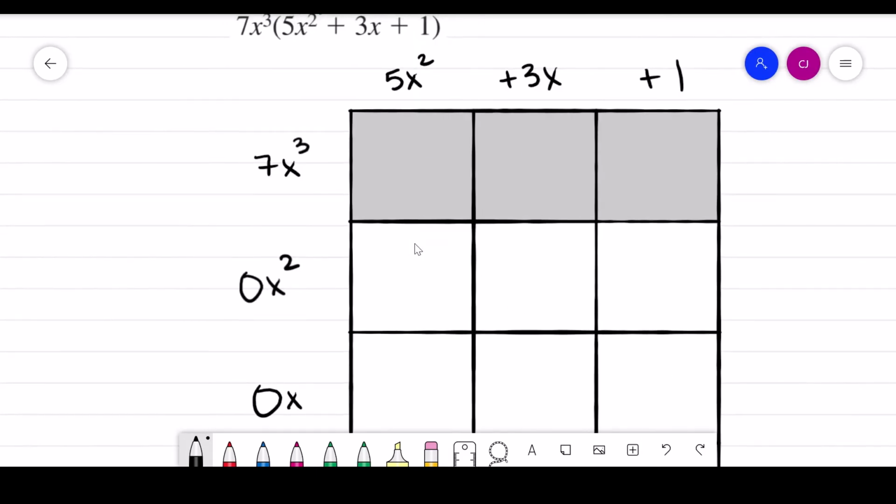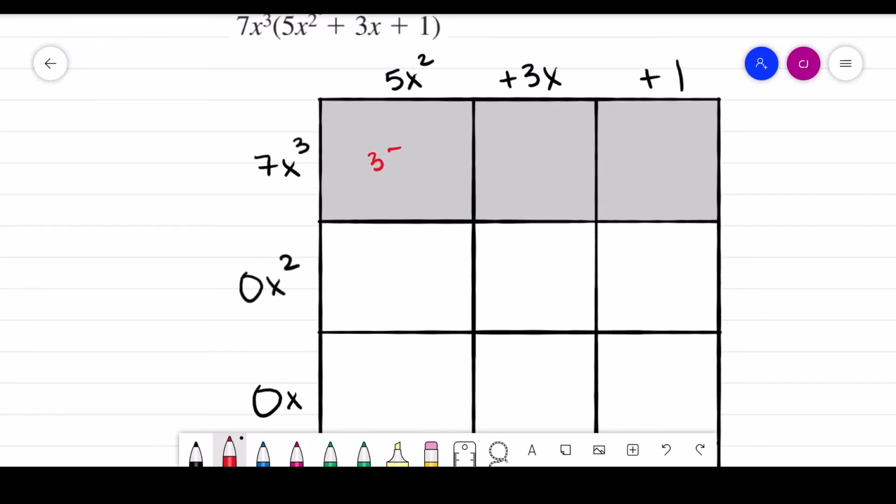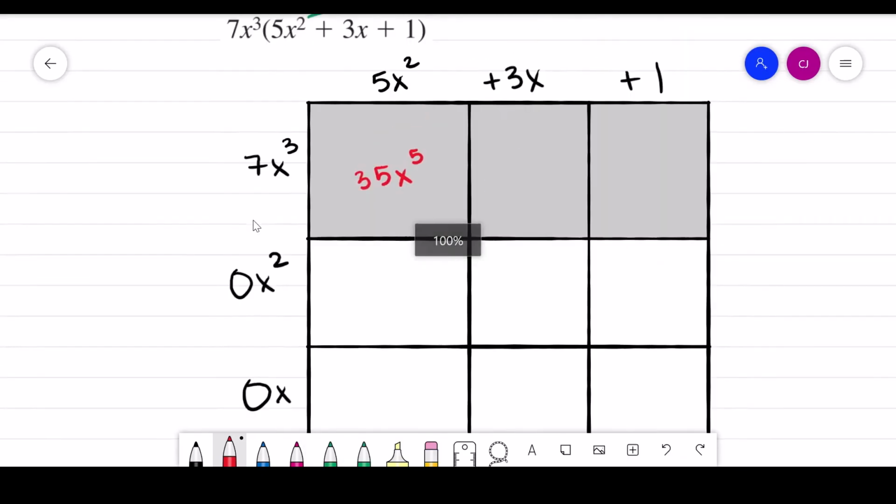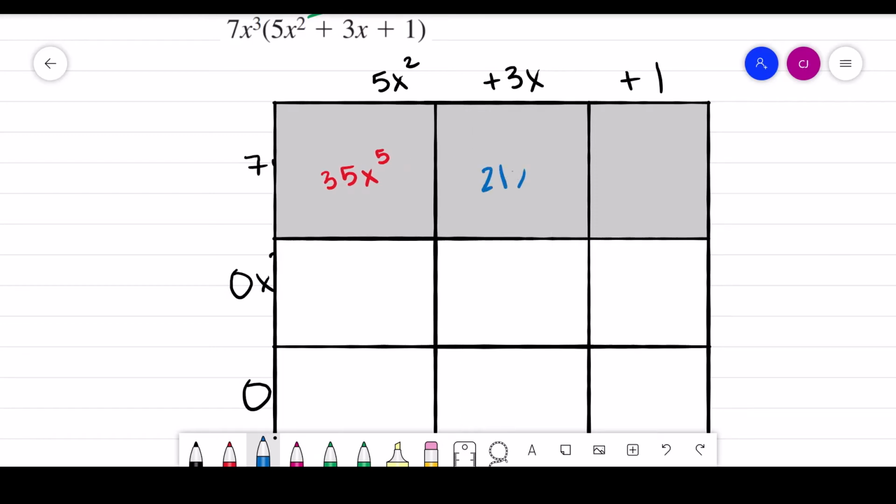So 7x to the third power times 5x to the second power is going to give me 35x to the fifth power. 7x to the third power times 3x is going to give me 21x to the fourth power.